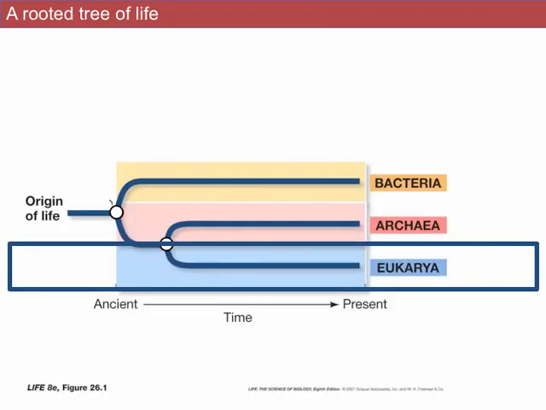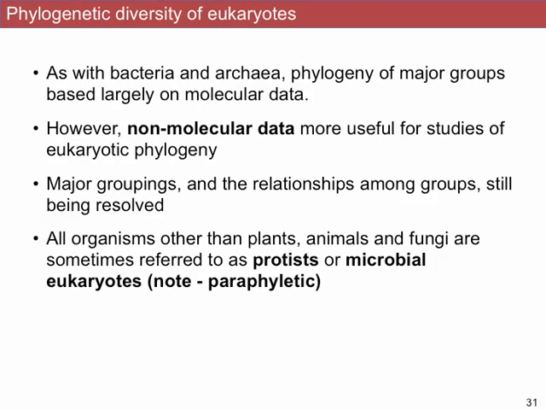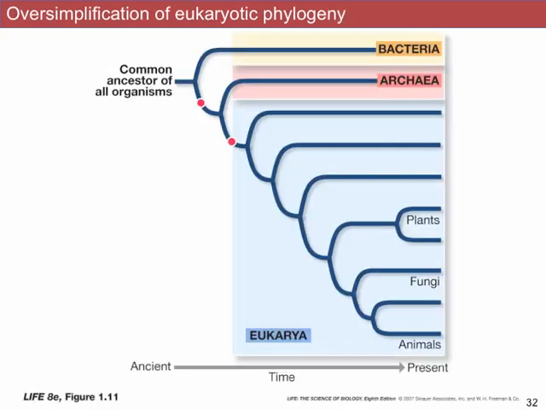And again, the phylogeny that we think we know for these groups is largely based on a combination of molecular, morphological, and other data. So if we look at the eukaryotic branch in the tree, here's a figure from the book.